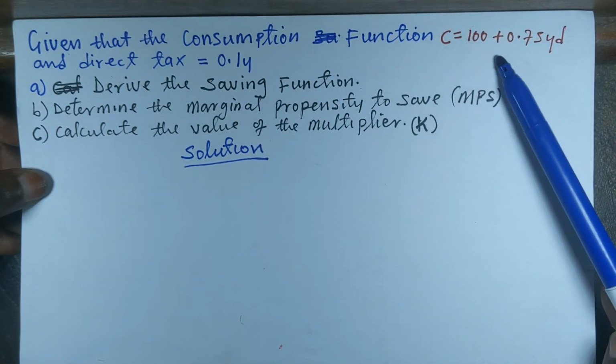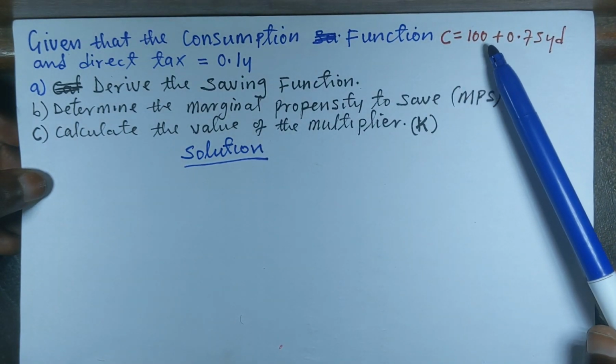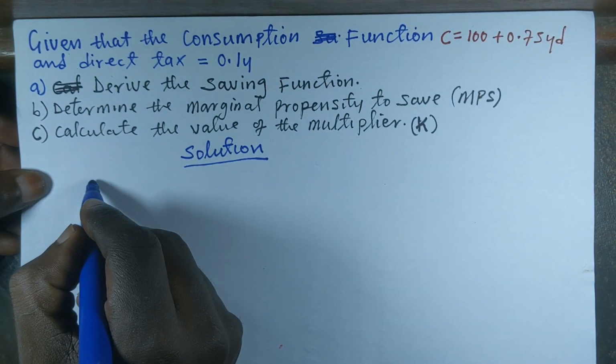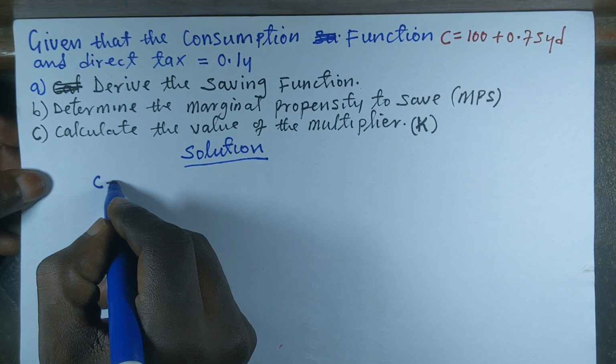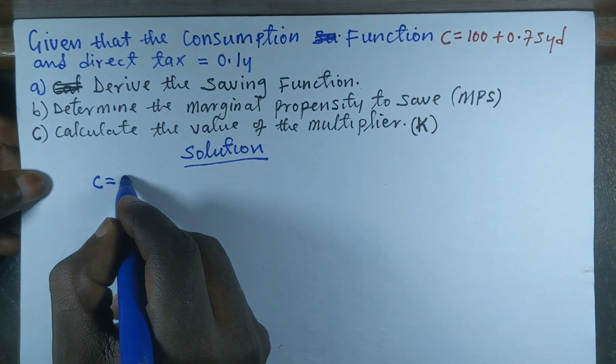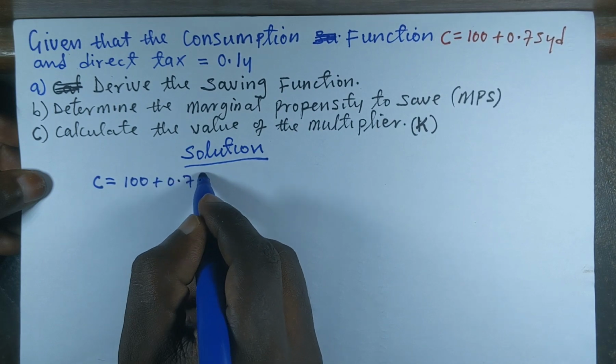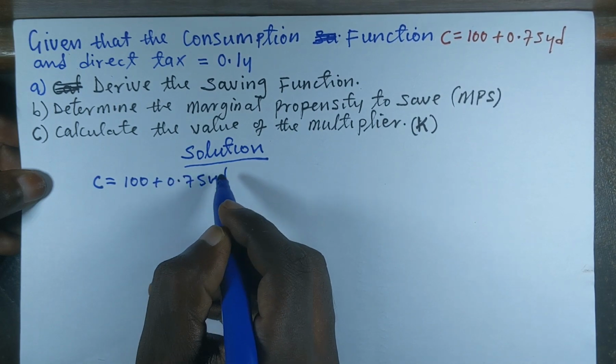We see that the consumption function has been given: C equals 100 plus 0.75 YD.